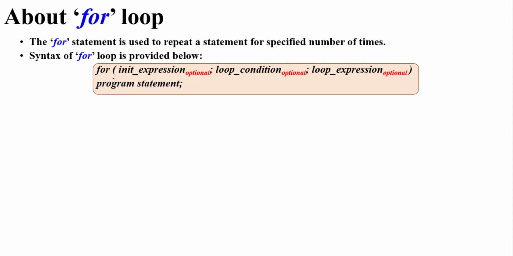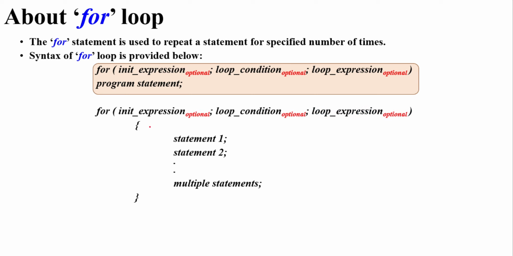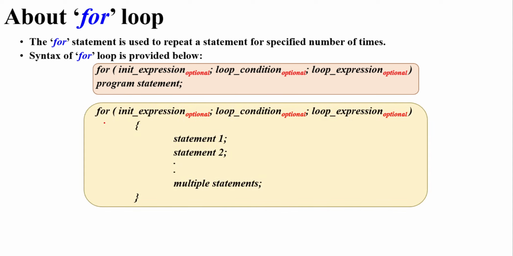But suppose you want to repeat multiple statements in the for loop, then in that case we have to use this kind of statement where you have the for, then the bracket, the same three expressions: the initialization expression, loop's condition, and loop's expression. Then after that, you can have multiple statements within the curly braces, and all these statements will be executed each time the loop keeps on repeating.